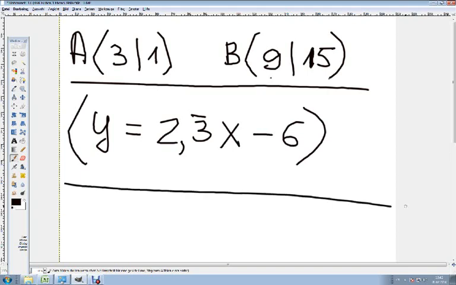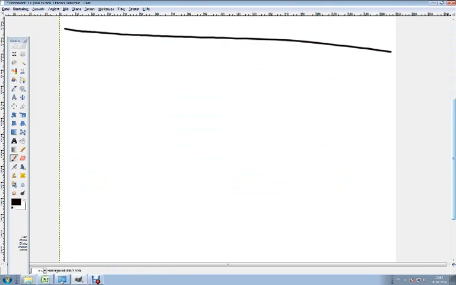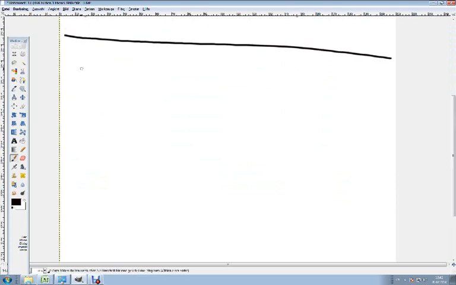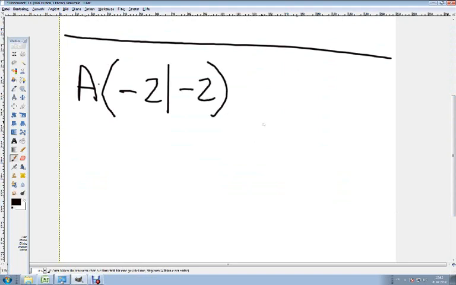And if you would like to make even another one, here's another example with negative numbers. Very important, negative numbers, because negative numbers cause very many problems for people. B with 6 and minus 6.